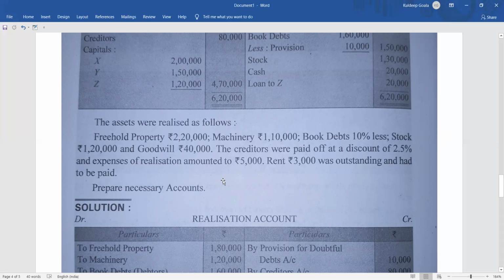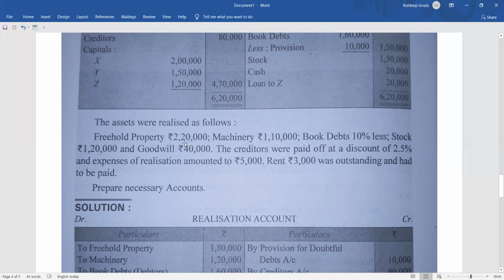In the beginning, just take a quick look at whether there is any special item like workmen compensation reserve claim. How it will be treated, we will study in subsequent classes. For the time being, just lightly see the question and then go for transferring the assets and liabilities. And as you settle the assets and liabilities, at that time you give a thorough look at the adjustment.